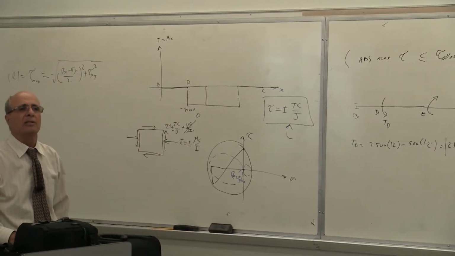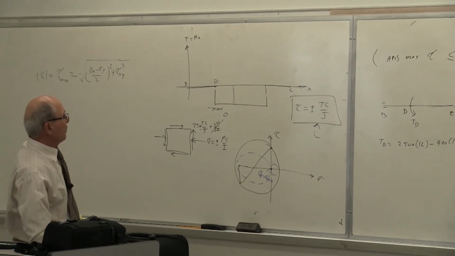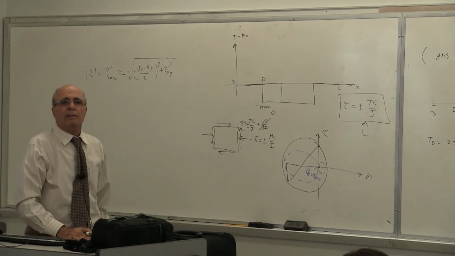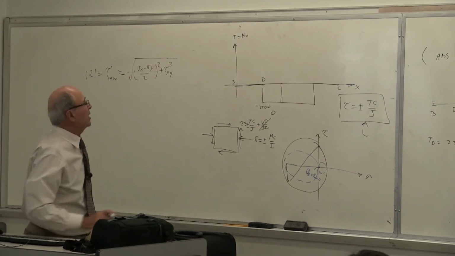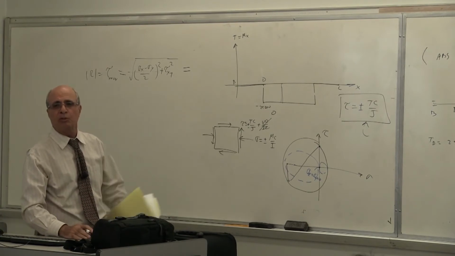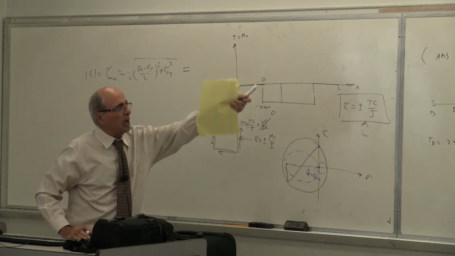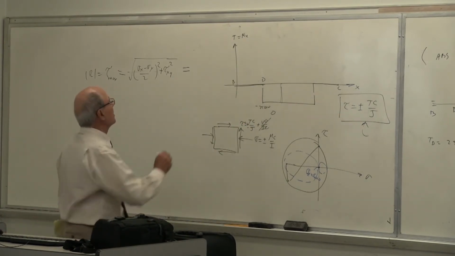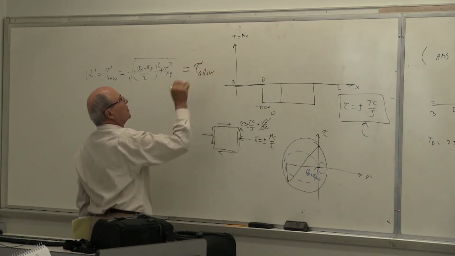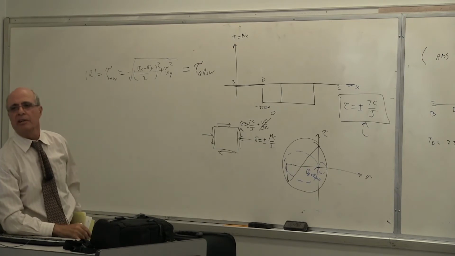Is that correct or not? Yes? I'm neglecting the effect of that. This will be my maximum shear stress, and that should be less than or equal to, at the limit should be equal to, tau allowable. So that is based on checking the shear stress theory. Is that correct or not?